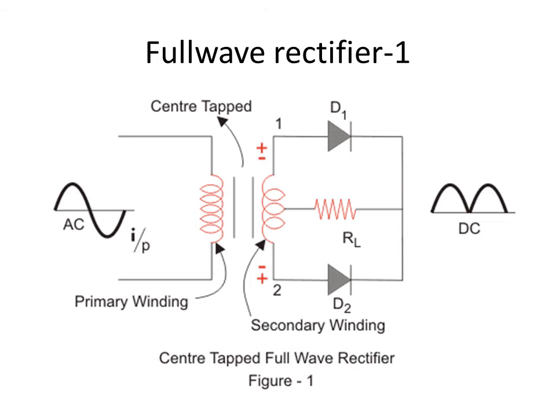So in this case also the current is flowing from right to left through RL. So both during the positive cycle and the negative cycle, the output current is flowing along the same direction through RL, and that is how we get rectified outputs.